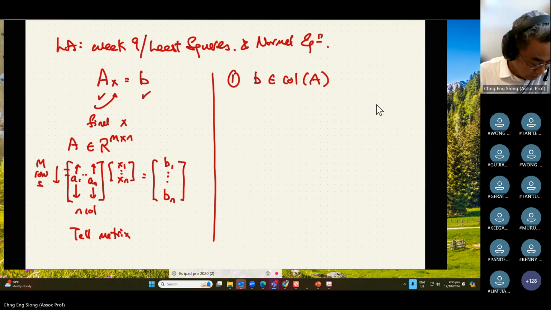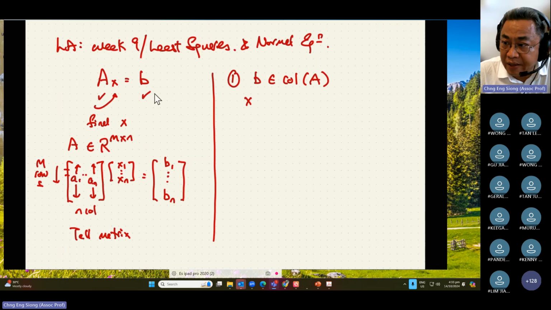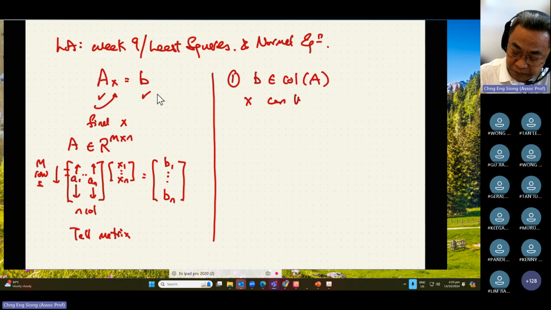Quiz question. x can be found or cannot be found? I repeat, when b is in the column space of A, this equation can be satisfied by a given x. Yes, x can be found. That means x exists.